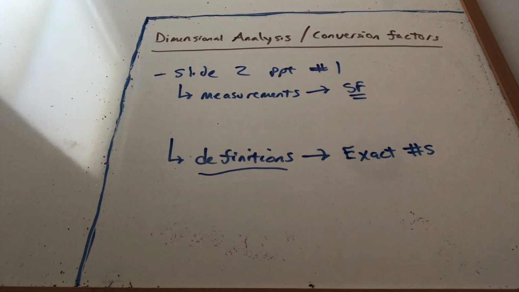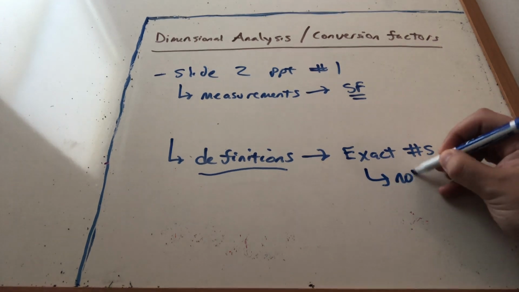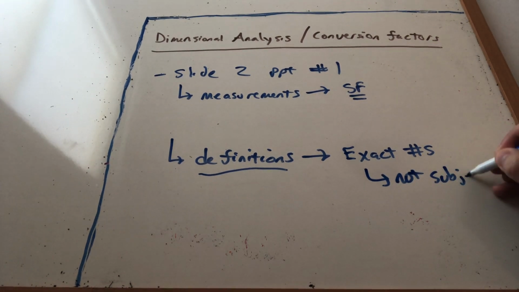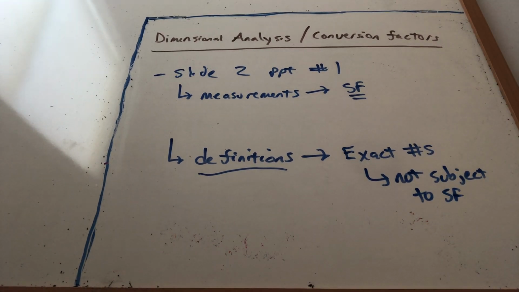And exact numbers, because there's no ambiguity about what they are and no instrument that we need to use to get them, are not subject to significant figures. You'll know these because you can use the word exactly to describe them. As soon as you can say that word exactly and you don't need to use an instrument, they're not subject to the significant figure rules that we talked about in the last video.